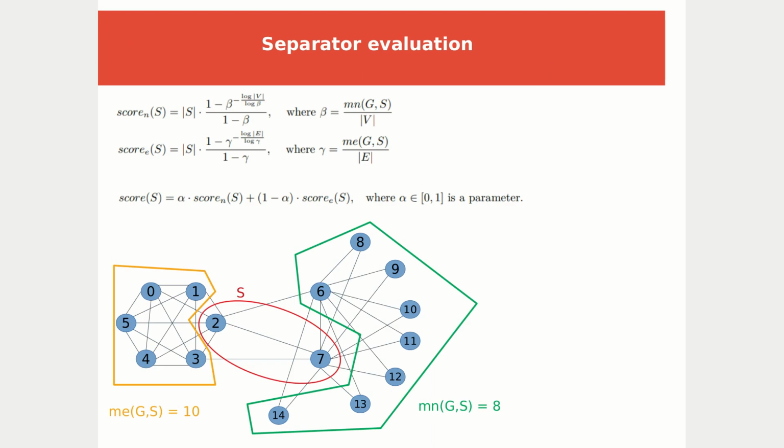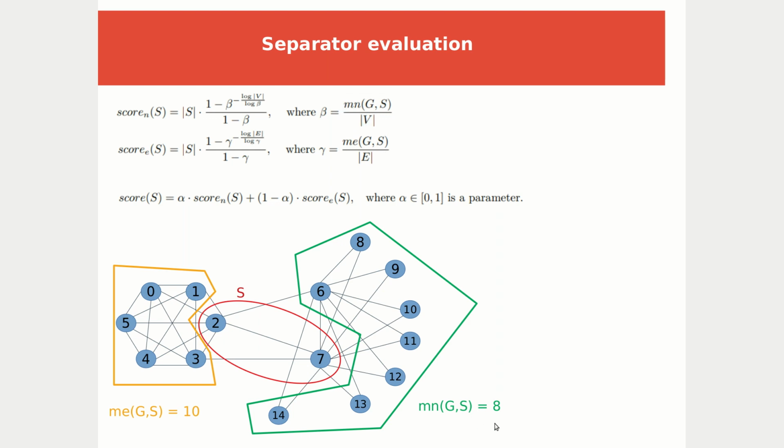Having two or more separators, we would like to evaluate them, that is, decide which one is better. For that, we use given score functions. The smaller the value of the score function, the better. There are two auxiliary score functions, score n and score e, based on values mn of gs and me of gs.